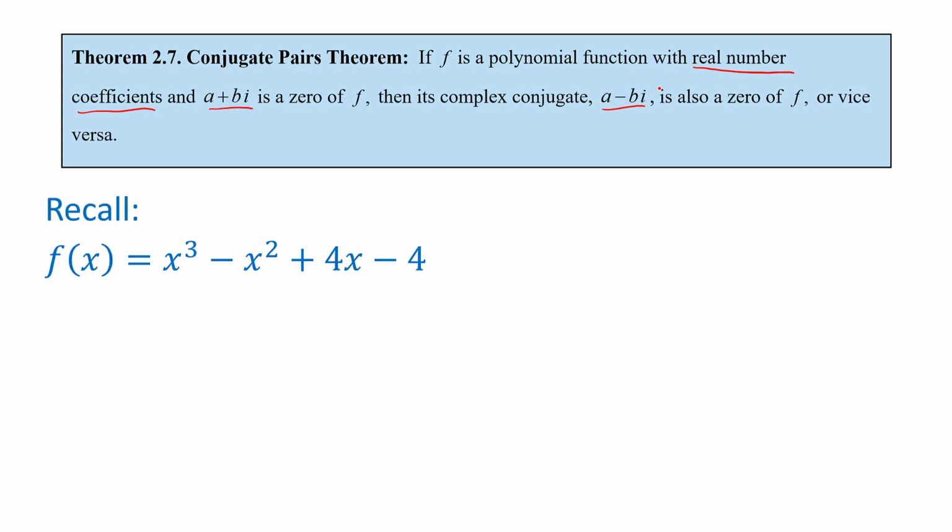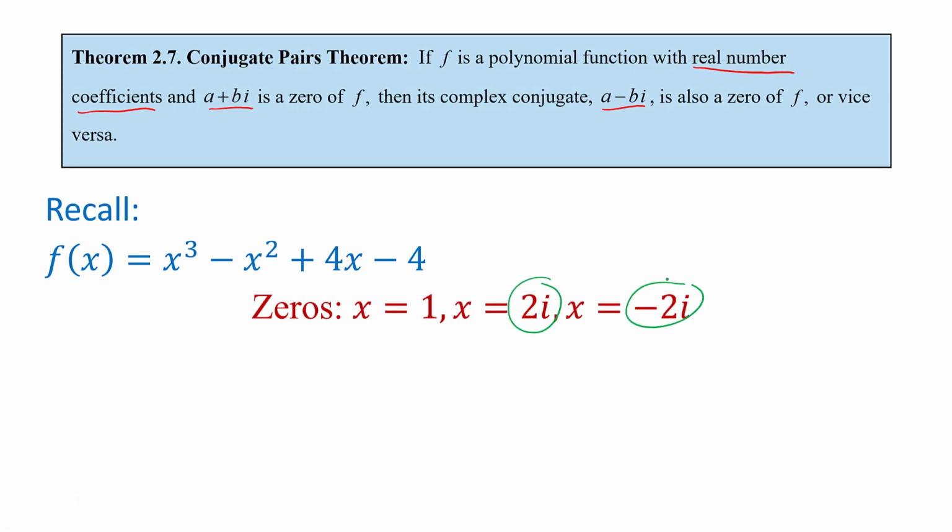Remembering the last lesson, we had f of x equals x cubed minus x squared plus 4x minus 4. And from that polynomial, we found zeros of 1, 2i, and negative 2i. Notice here that 2i and negative 2i are complex conjugates, and also note that f of x does indeed have real number coefficients.